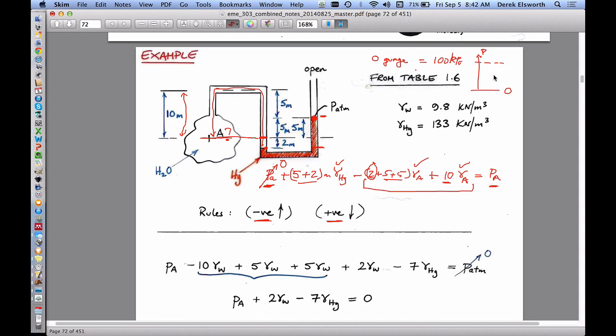And going down from this, this is minus 100 kPa. So this is absolute pressure. This is 100 kPa absolute pressure, and gauge pressure is 0. And this would be minus 100 kPa. So it depends on where you are in this range.